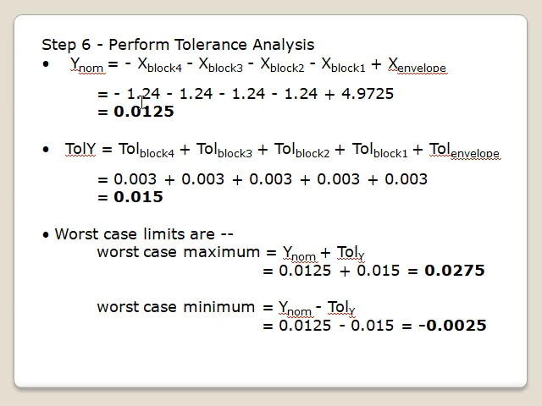Maximum is y nominal plus tolerance y, so taking this and this with a plus, 0.0275 will be the maximum gap it can accommodate, and the bottom one is the minimum gap which might occur.